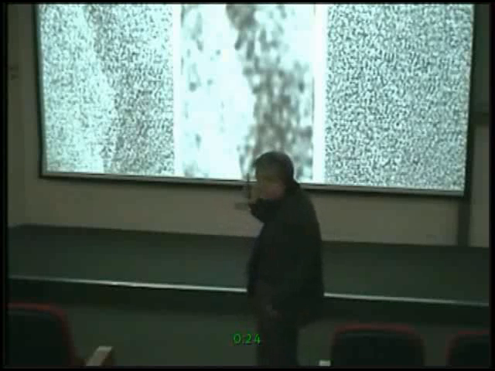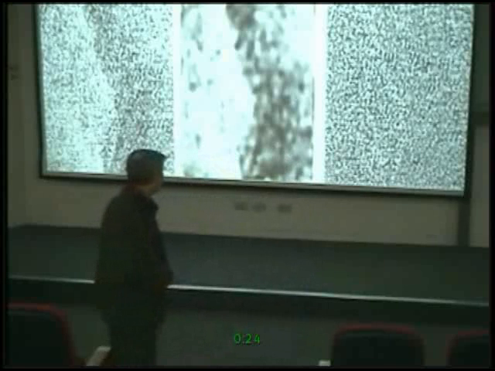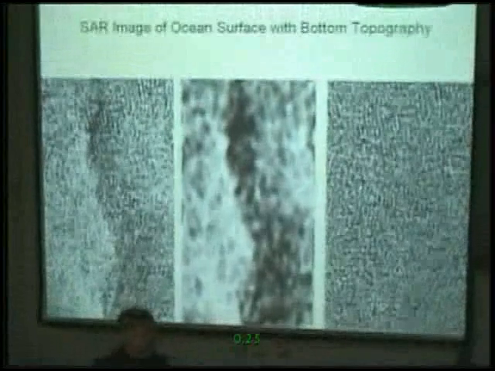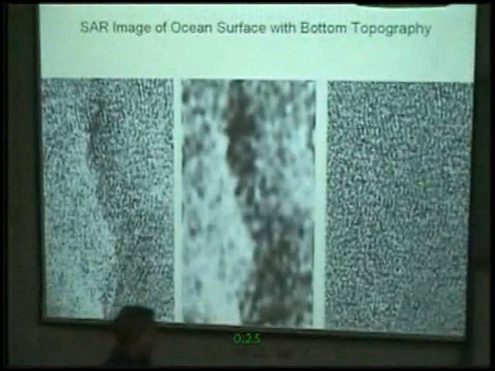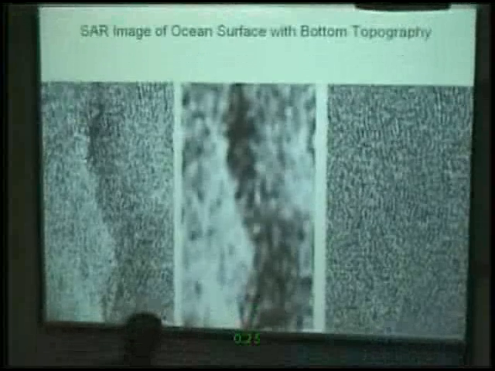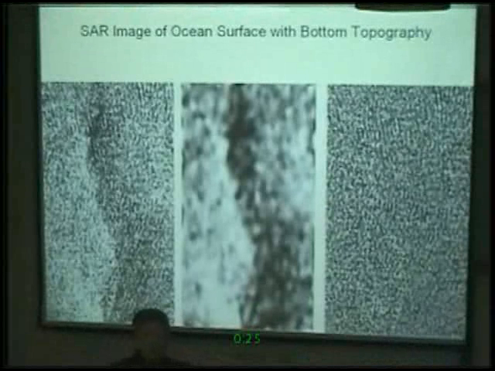And there is a theory, wave-current interaction theory. Most of this bottom topography is only visible in shallow water. The shallow water has a tidal current. And as the tidal current flows over the topography, at the hump, the bottom topography may hump up.